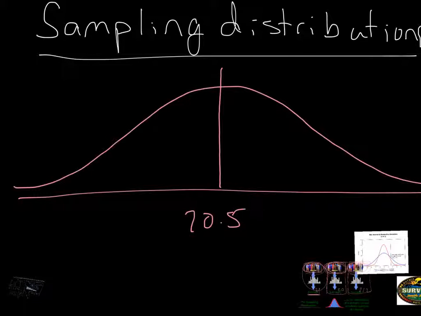Now, first and foremost, whatever the mean of the population is will also be the mean of the sampling distribution. Think about that for a second. I'm going to take a sample of 25 from a population whose mean is 20.5, and so is someone else, and so are 2,000, 3,000 other people. They're all going to take SRSs of 25 people from that population.